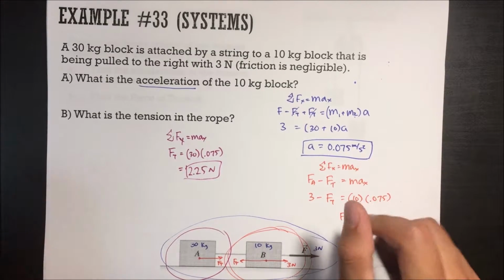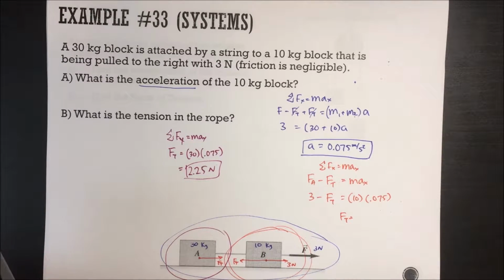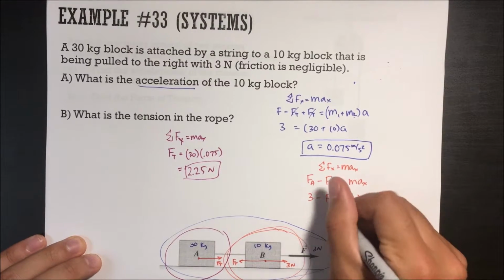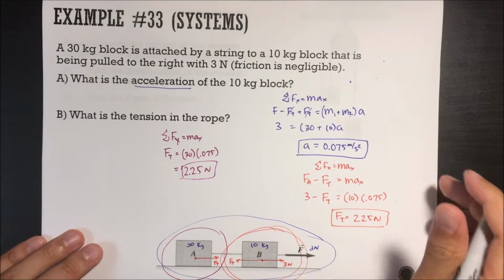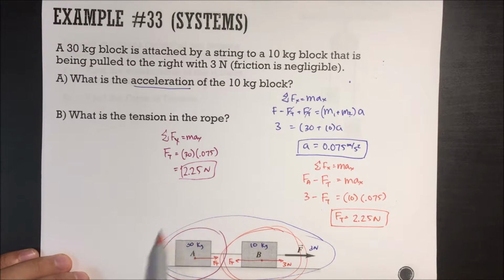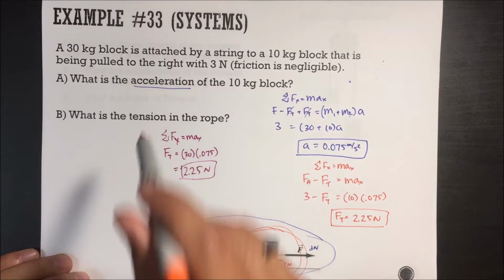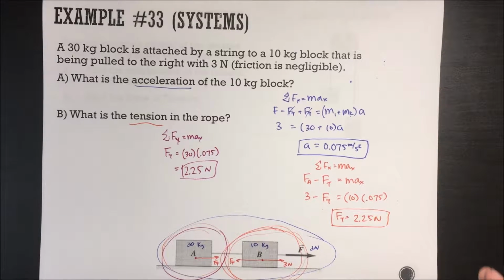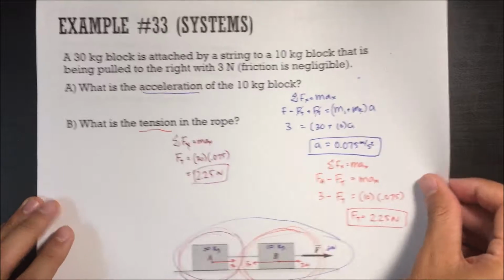Let's do a little bit of math to figure out the force of tension. 10 times 0.075 minus 3, and we get 2.25 newtons. Same answer. So again, when you're looking for acceleration, you want to use the whole system, but when you're looking for the tension, you just want to be using part of the system, one of the boxes, one of the masses.